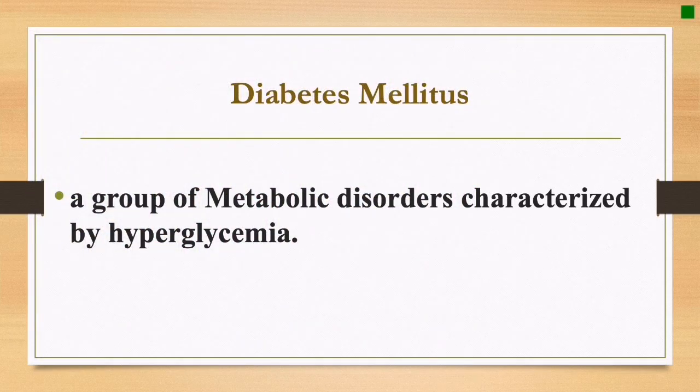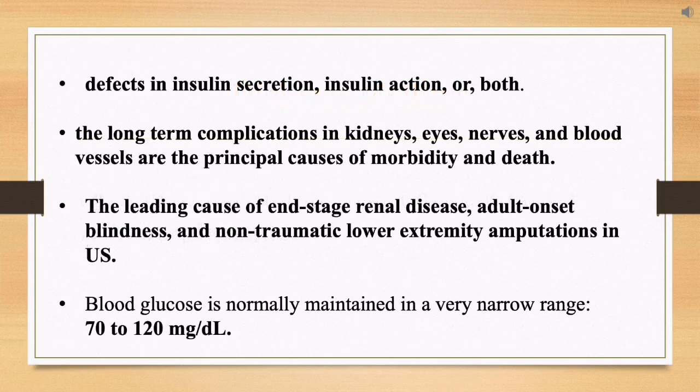Diabetes mellitus is a group of metabolic disorders characterized by hyperglycemia. Hyperglycemia in diabetes results from defects in insulin secretion, insulin action, or most commonly both. The chronic hyperglycemia and the metabolic abnormalities of diabetes are often associated with secondary damage in multiple organ systems, especially the kidneys, eyes, nerves, and the blood vessels.